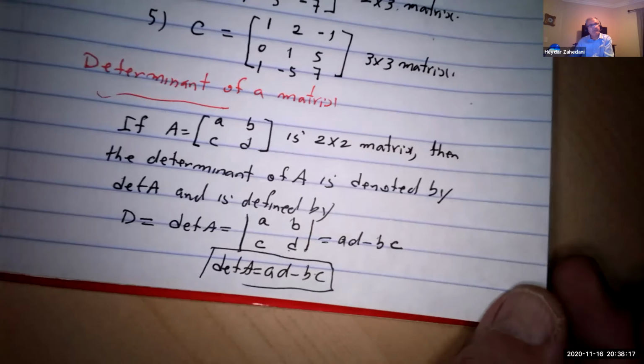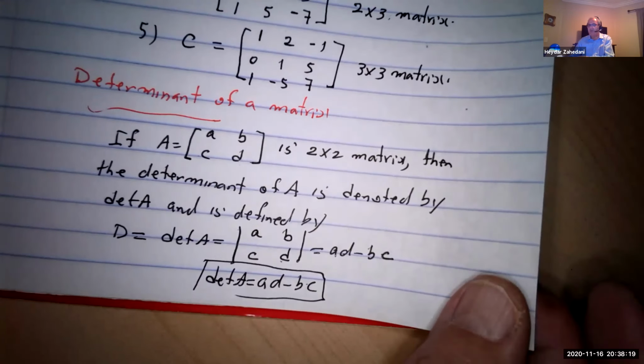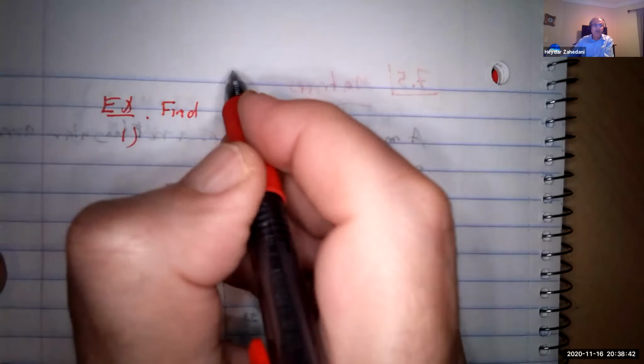So let me give you an example of how we're going to find the determinant of a 2 by 2 matrix. The first one: find the determinant of each matrix.